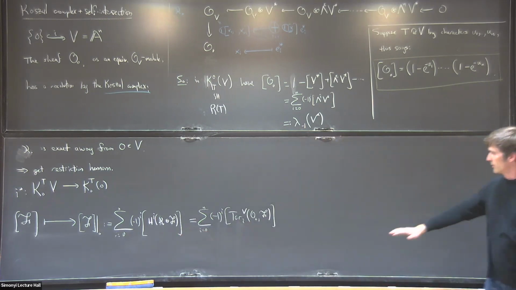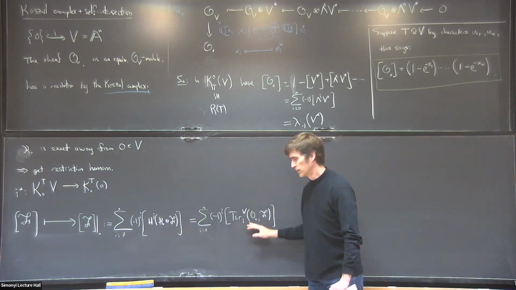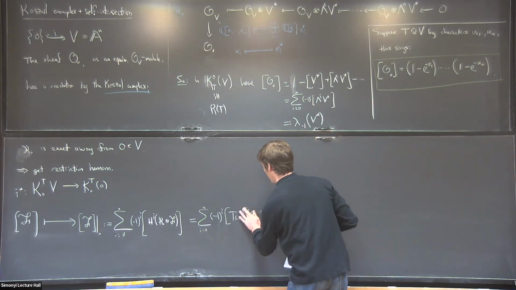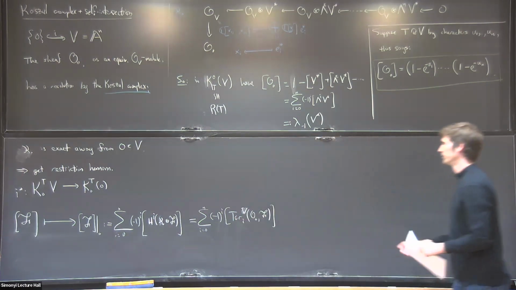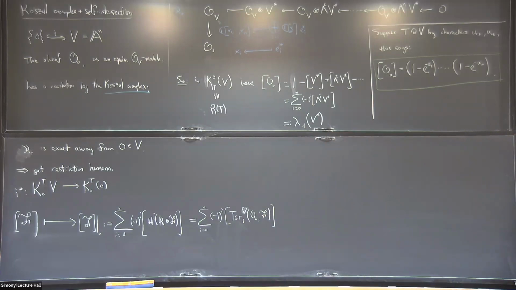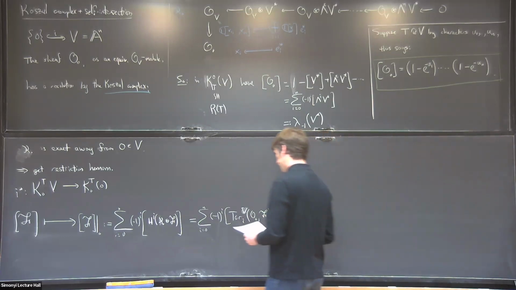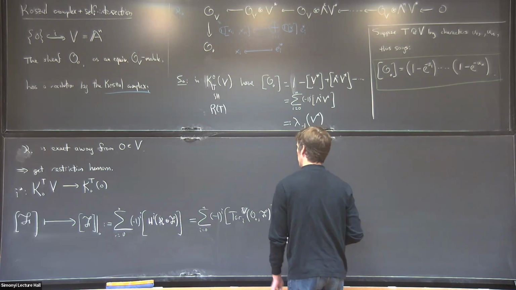So that's a canonical way of saying how they restrict. And sorry, that looks like a dual sign. Let me just write V, not a dual. All right. So that's how Tor sheaves should work.